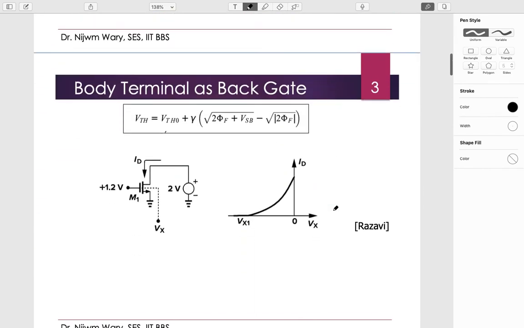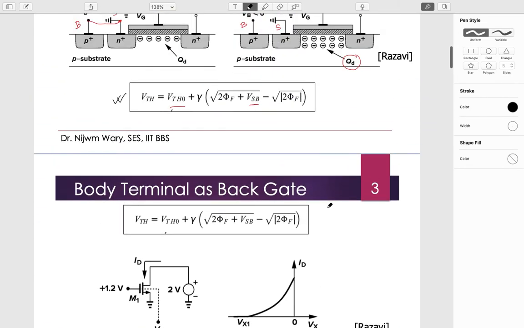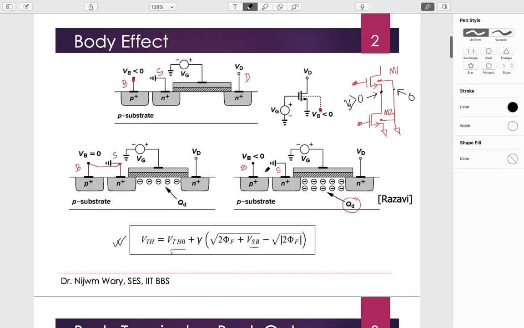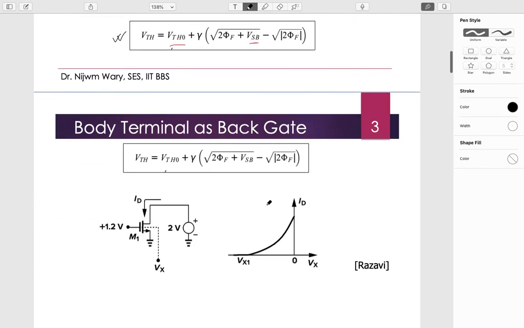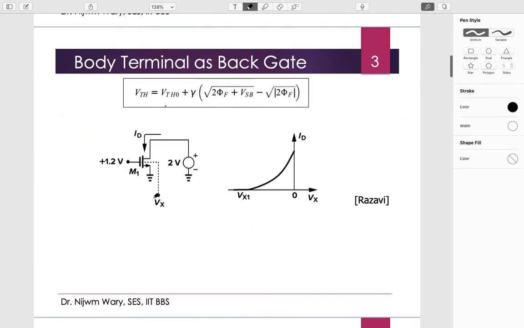Okay, so now we'll move next. Because the bulk terminal is modifying the threshold voltage, sometimes this is also called a back gate. We already have a gate, so this is also influencing the channel property. Suppose I have created this situation where VGS is sufficiently higher than the threshold voltage.